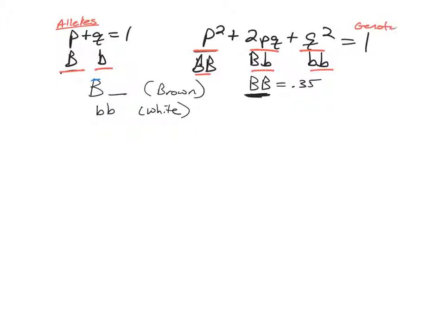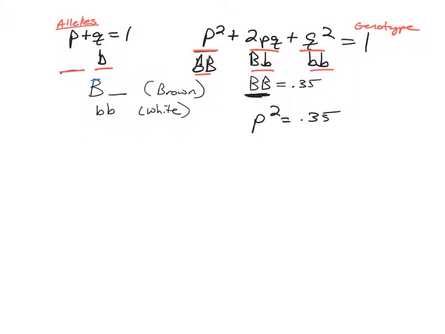Are we clear? All right. So we know that big B, big B is 35%. Which one is 35%? p squared equals 0.35.